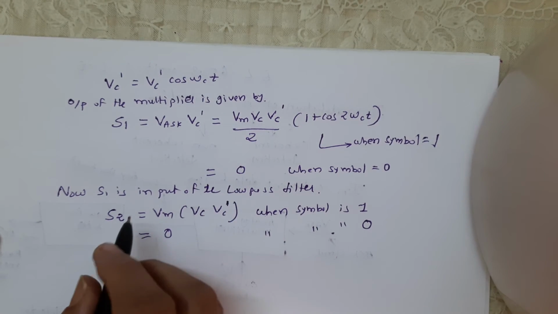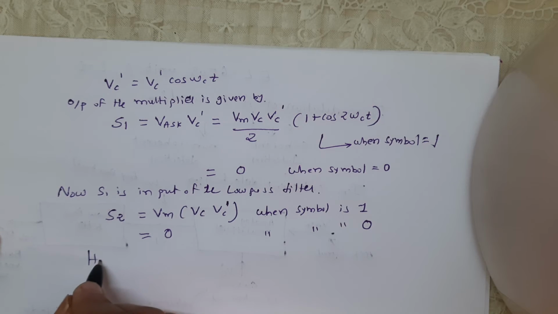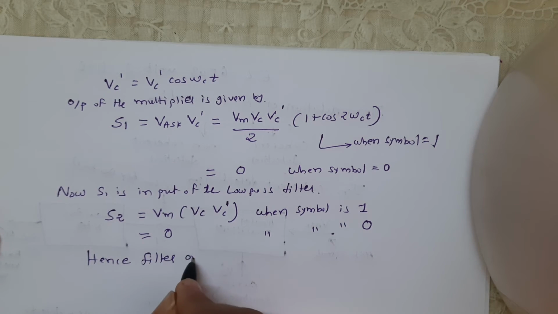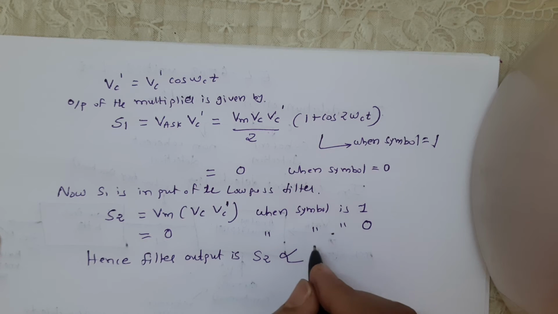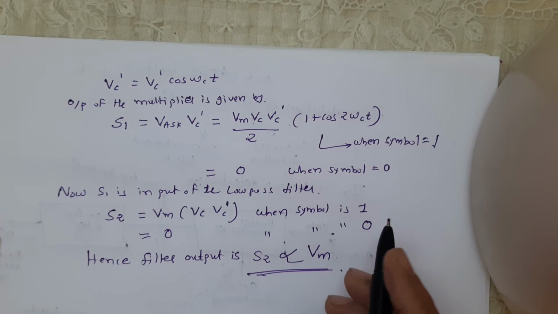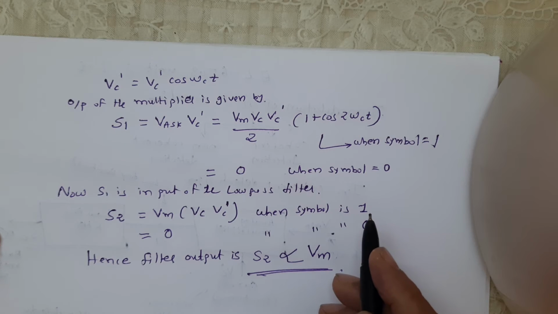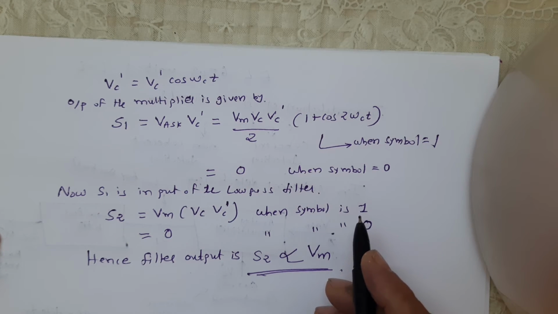Hence the filter output S2 is directly proportional to Vm. Hence the recovery of the baseband message is carried out.